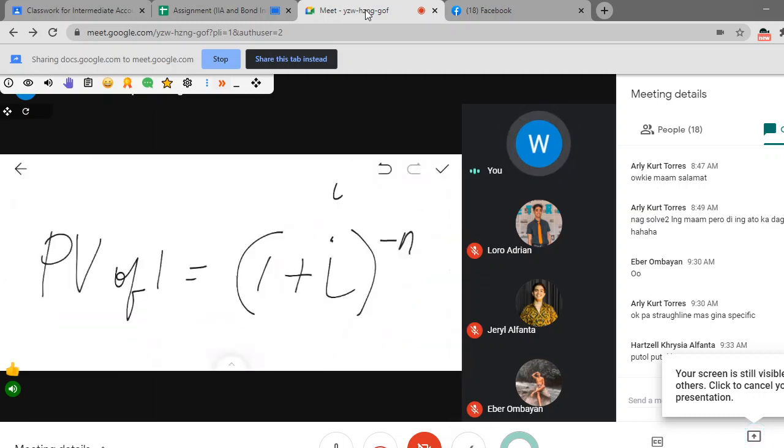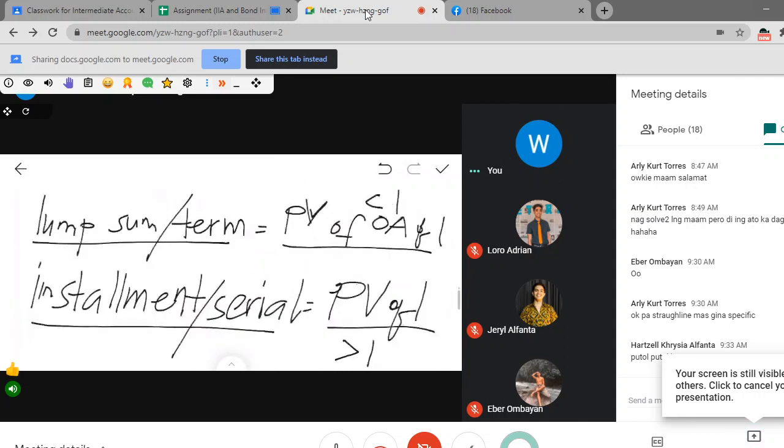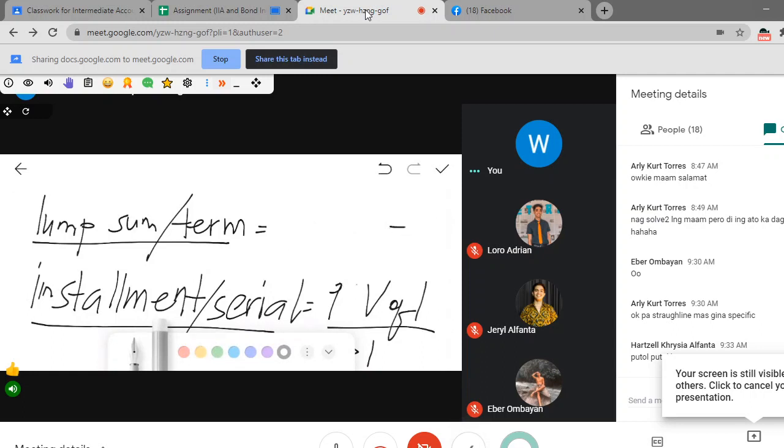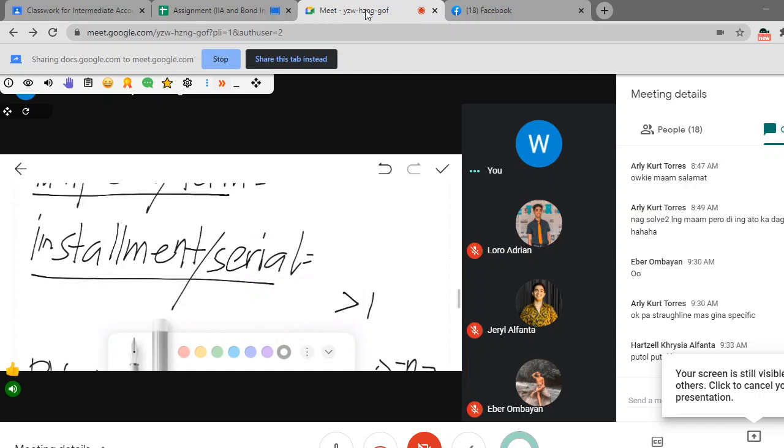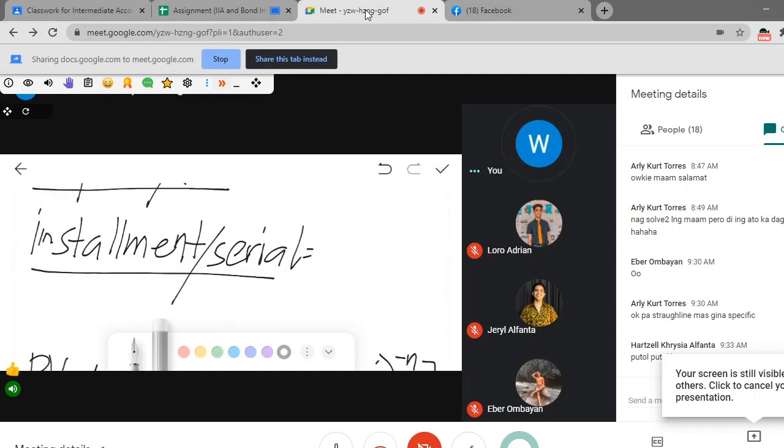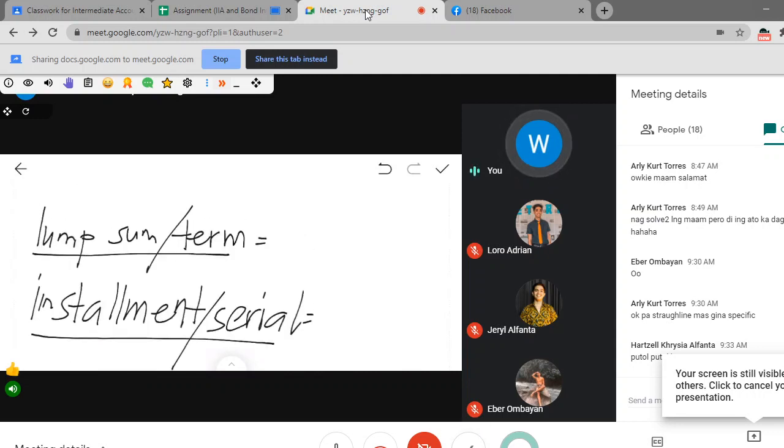Okay, dito tayo. Okay na? Okay, ayan, naka-share. If we are using the lump sum or the term, we are going to use the PV of 1.